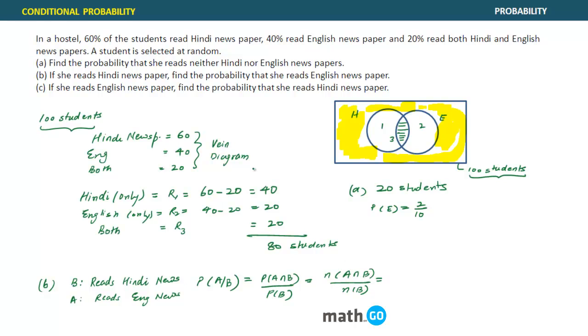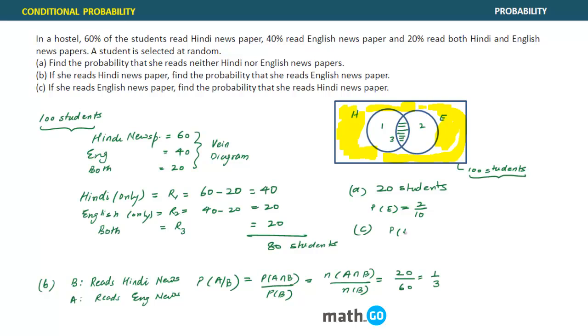So A intersection B is how many? Both read 20, right? And what is the number of people who read B? That is, what is B? Hindi. Hindi is being read by 60. That's it. So the answer to this problem is 1 by 3. Similarly, you can solve the third case also. The third case is asking you the reverse of it: if she reads English, find the probability that she reads the Hindi newspaper also.